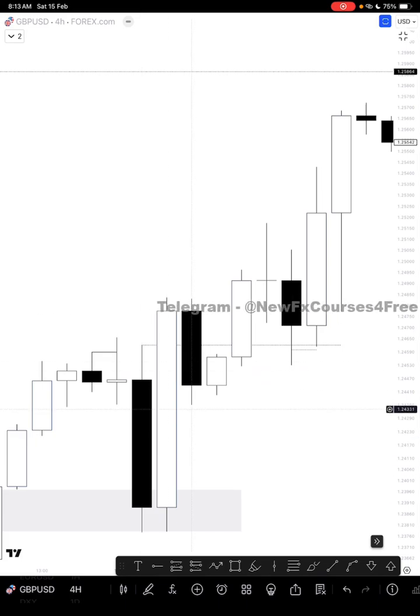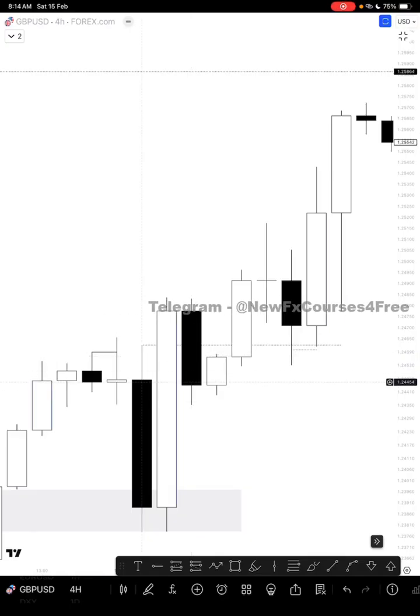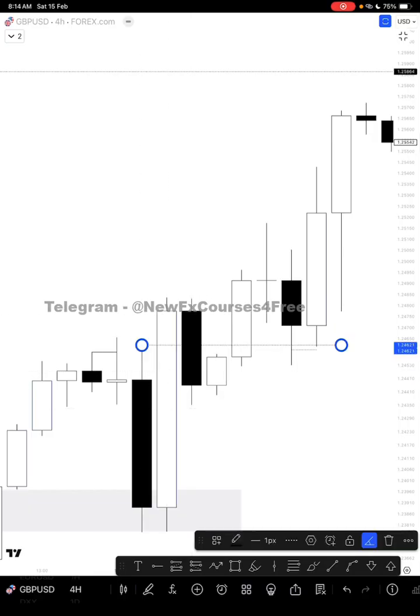It's because this is actually a reclaimed order block, and you can see how the market respected the body of this candle nicely. And this is more larger and more bulky than this over here. So I'm using this as my key level.